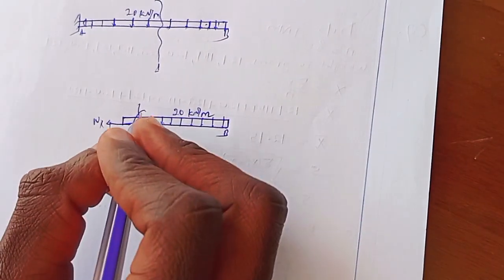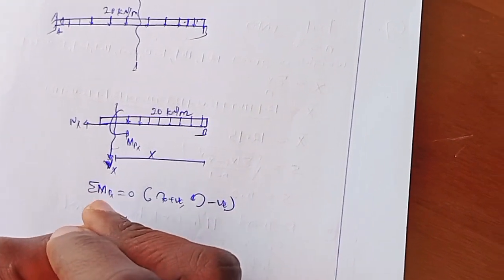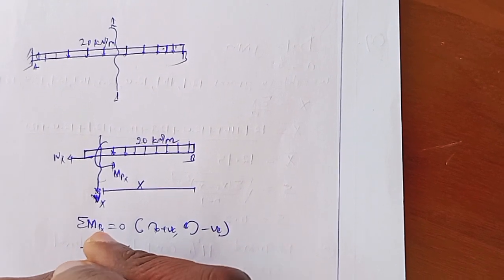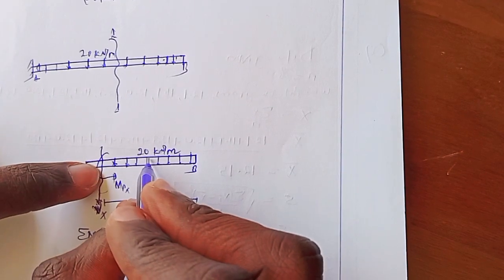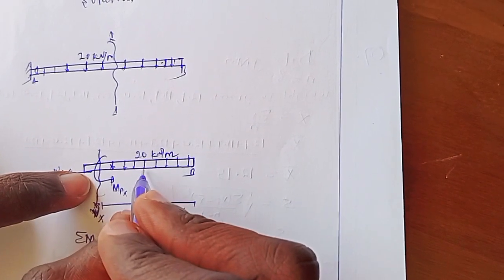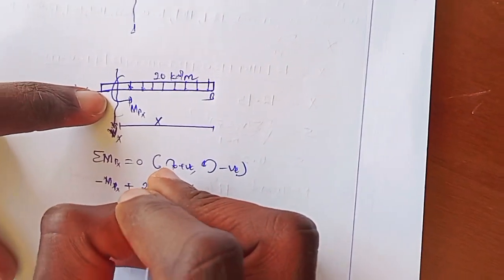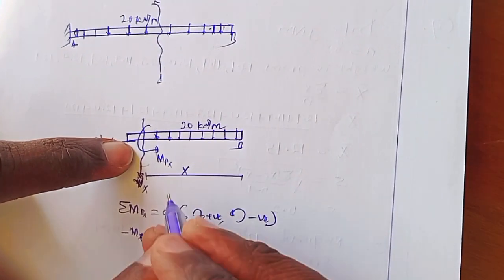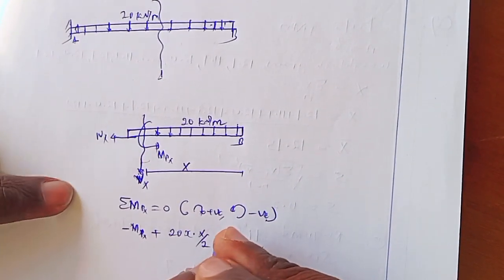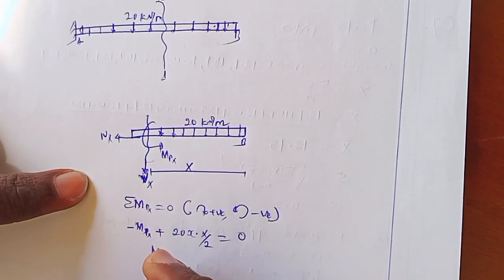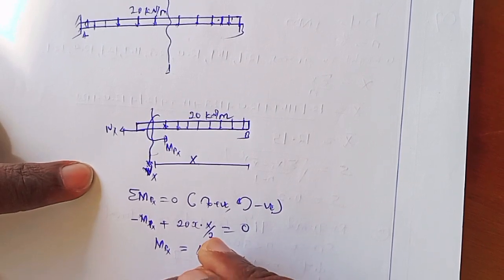It will be negative Mx since it is in an anticlockwise direction, plus the moment at the center of this system, which will be 20x times x over 2, the perpendicular distance from this point to this point, equal to 0. The moment due to applied load at distance x will be 10x square.